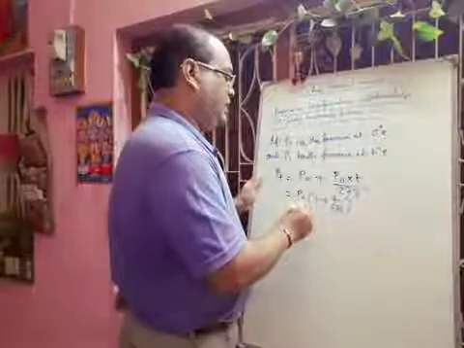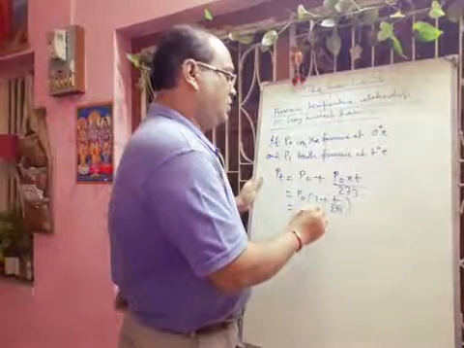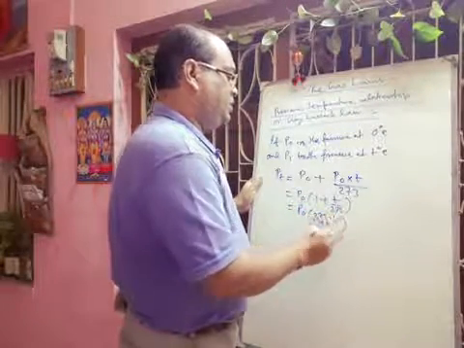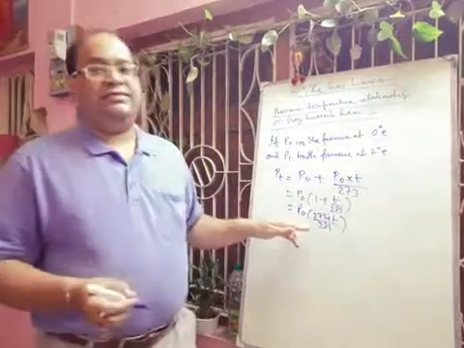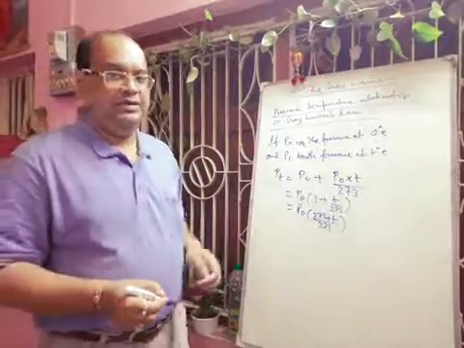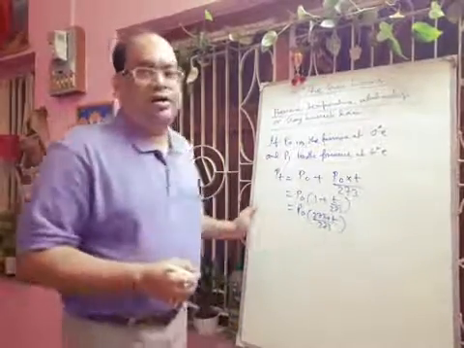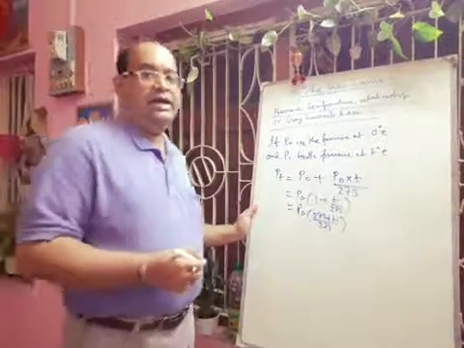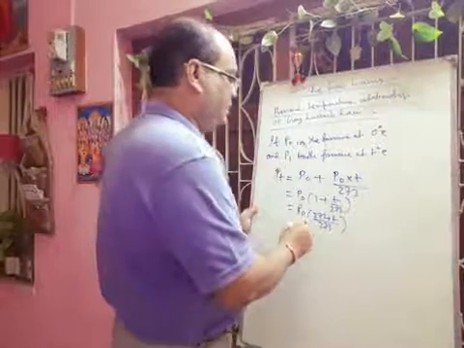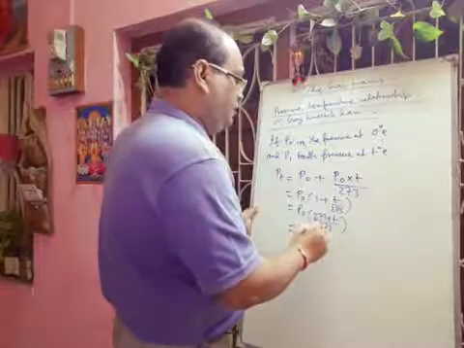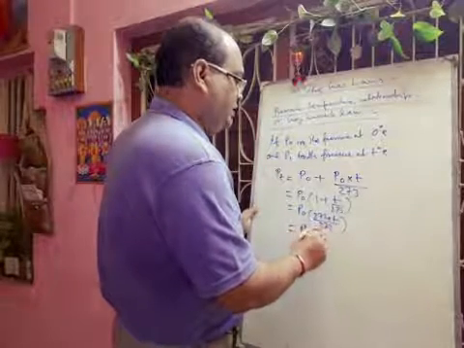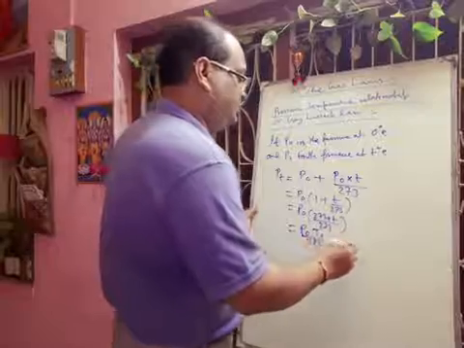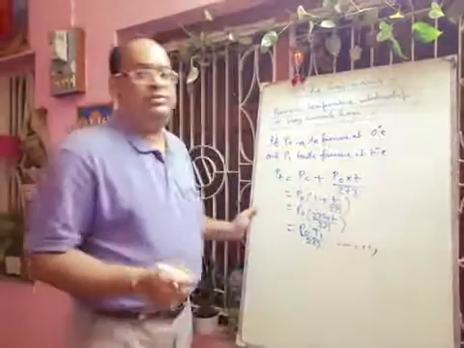So from here we can write P0 into (273 plus T) divided by 273. If we take 273 plus T is equal to T1 Kelvin, from here we can write that Pt is equal to P0 into T1 divided by 273. This is one equation.